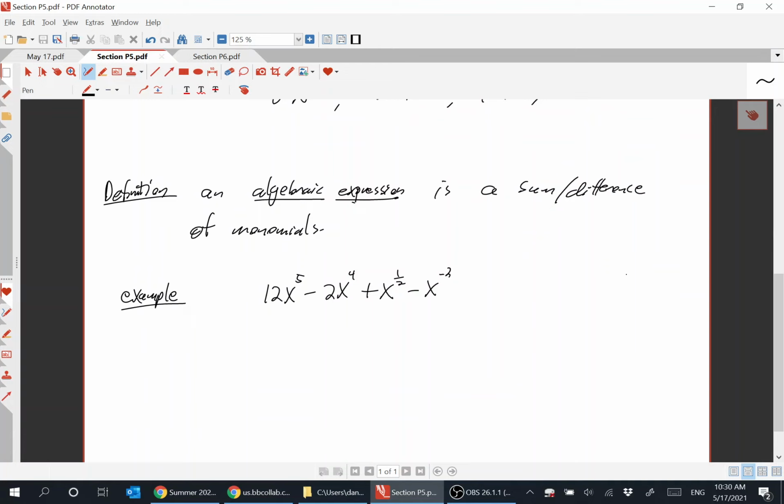So, for example, an algebraic expression, a sum and difference of monomials, looks like this.